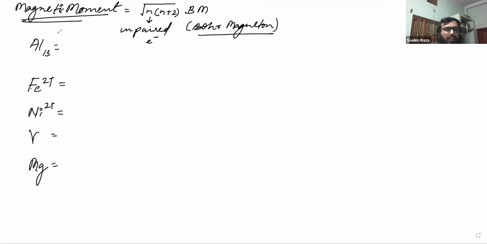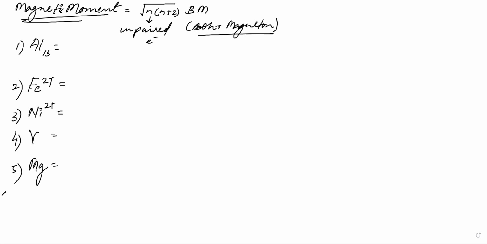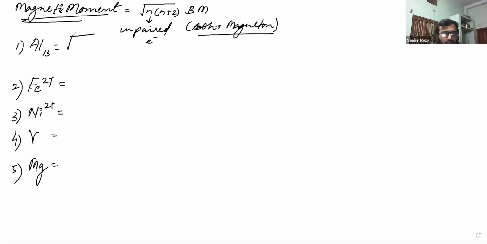So you will calculate the magnetic moment for all of these five. 1, 2, 3, 4, and 5. So first, how much?